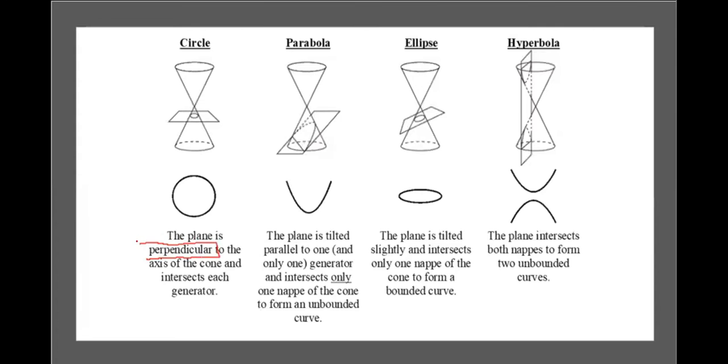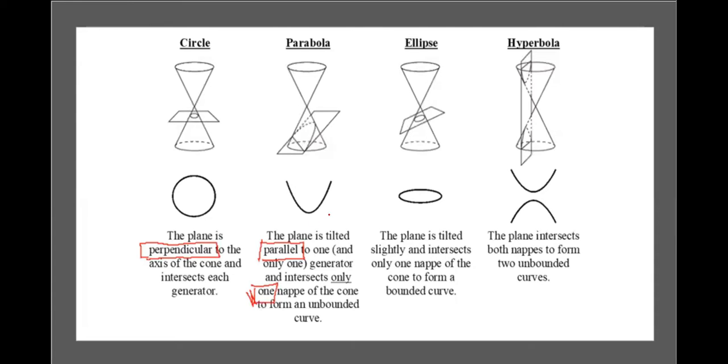Perpendicular ang keyword natin. Si parabola naman happens if the plane is tilted parallel to one generator or yung one of the nap, one of the cones, and intersects only one nap. Isa lang yung intersect niya. Kung nakita niyo kanina, kapag nakaparallel talaga siya, isa lang talaga yung pwedeng ma-intersect ng plane. Okay? Either yung lower nap or yung upper nap.